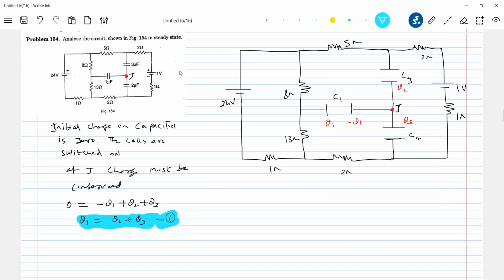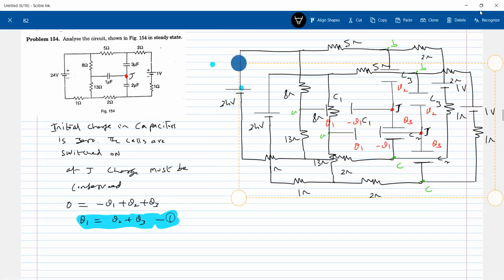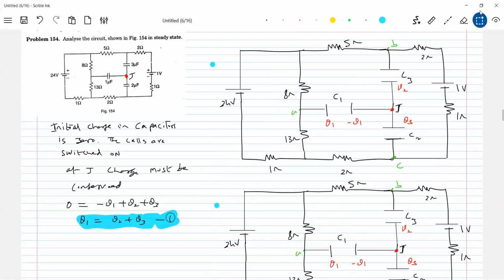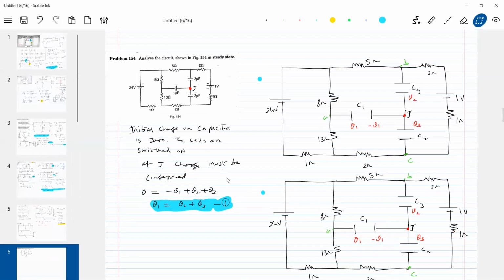Now what are the 2 more equations? Writing loop equations. Just look at the points here. These are the points A, B and C. At steady state, how will the circuit behave?